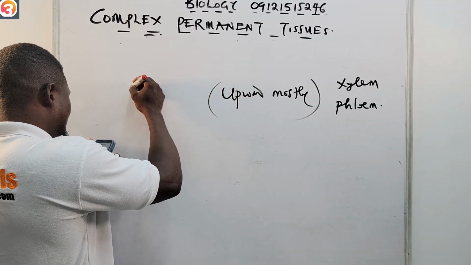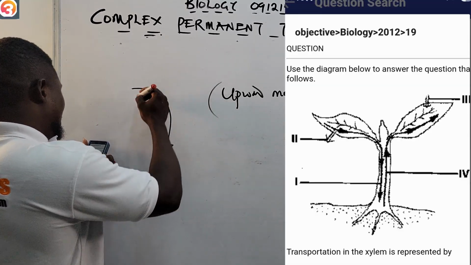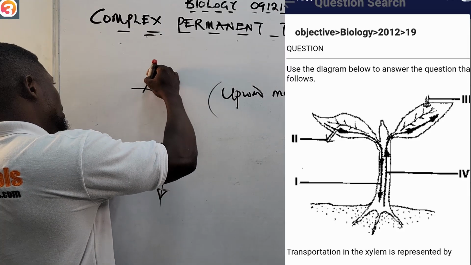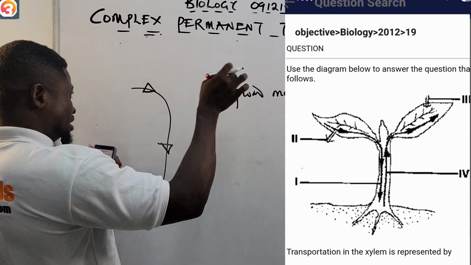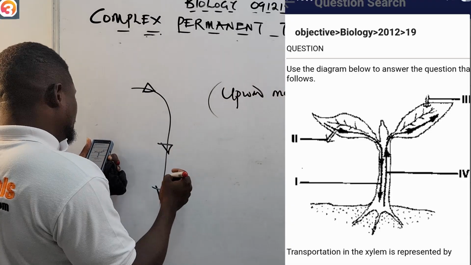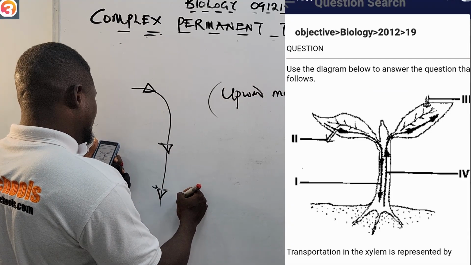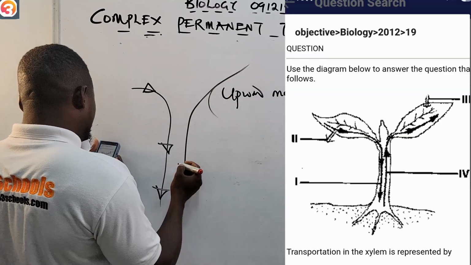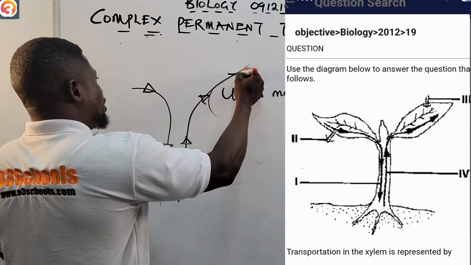The arrows coming down show the direction of movement of the other tissue. Look at the plant very well on the screenshot. Then look at the other side. It's going up, it's going up.